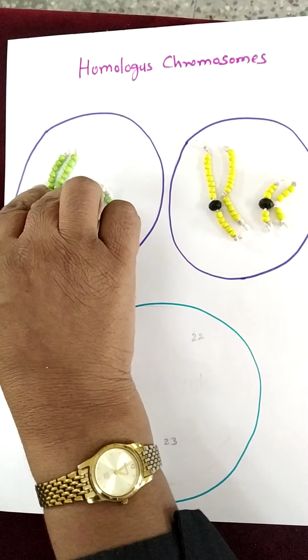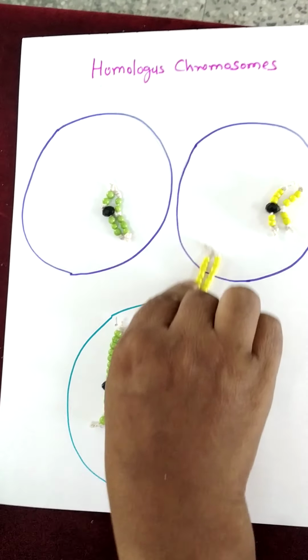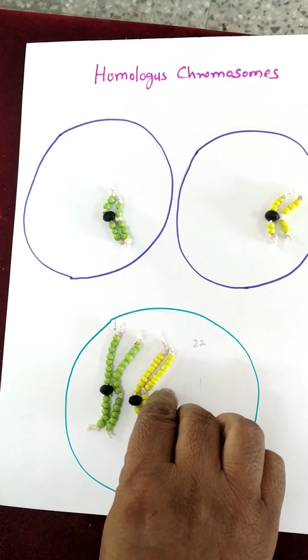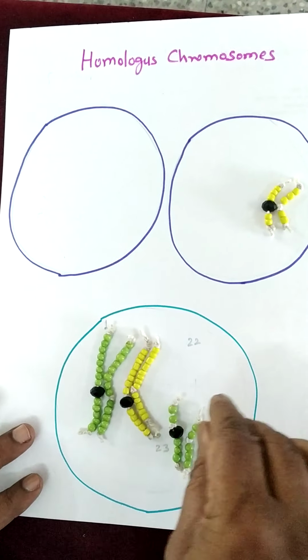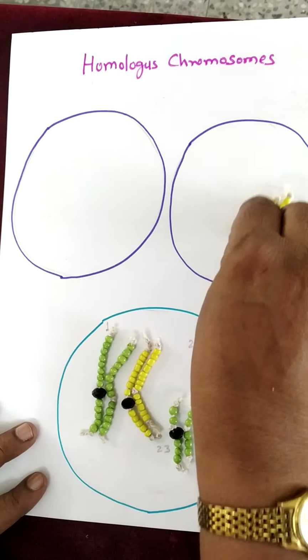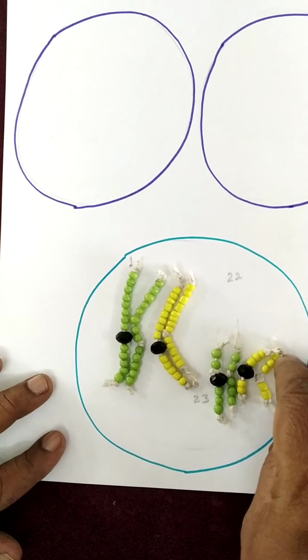See here. They will pair like this. The similar chromosomes will come near to each other and form a homologous pair. See here.